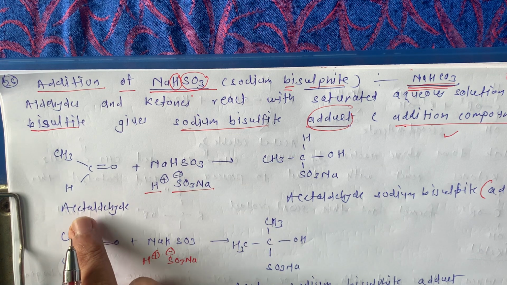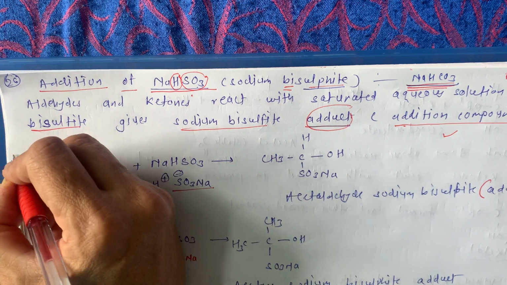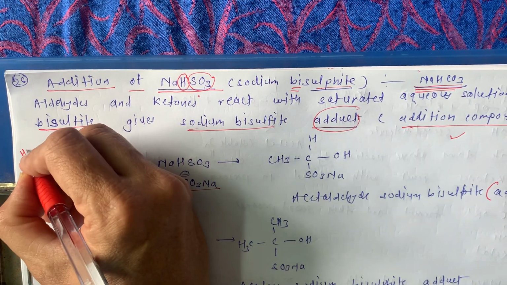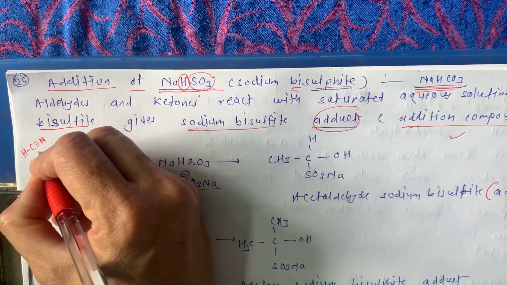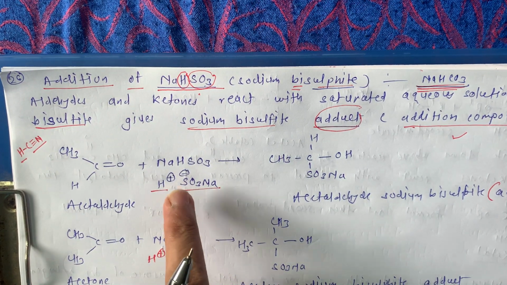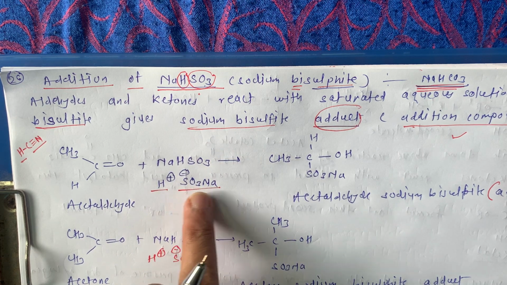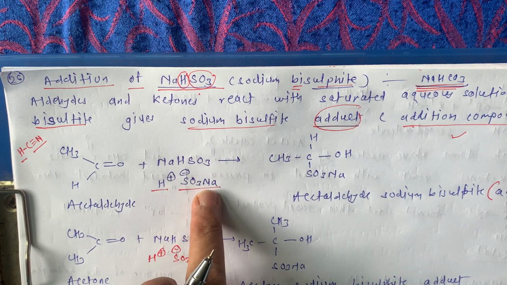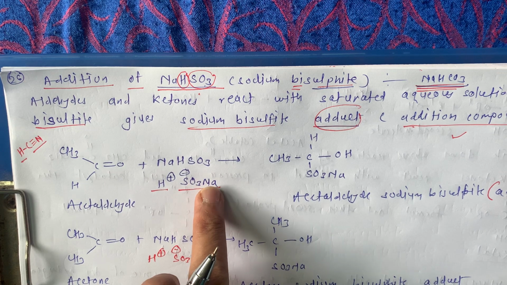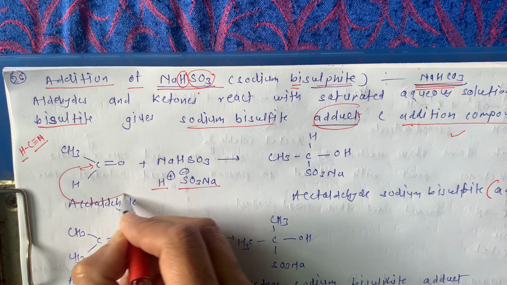Just like the previous reaction, in which we treated with hydrogen cyanide, and this is the negative part, this is the positive part, similarly here in sodium bisulfite, H plus and SO3Na minus. So this nucleophile is going to attack the carbonyl carbon like this.